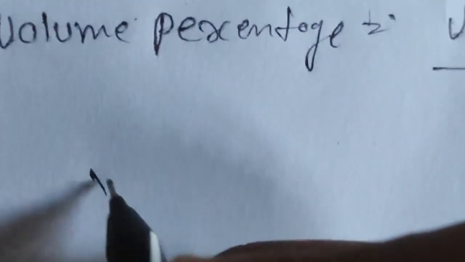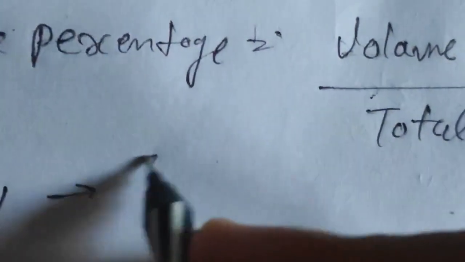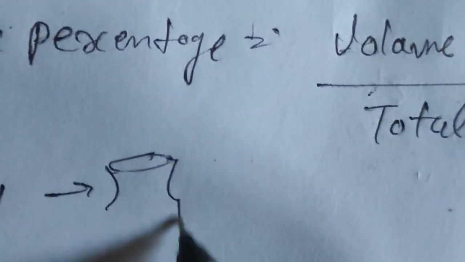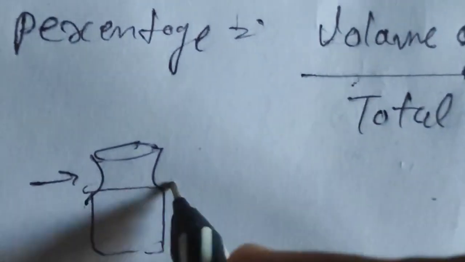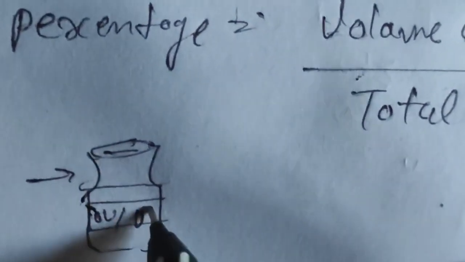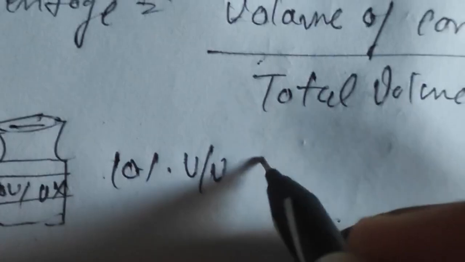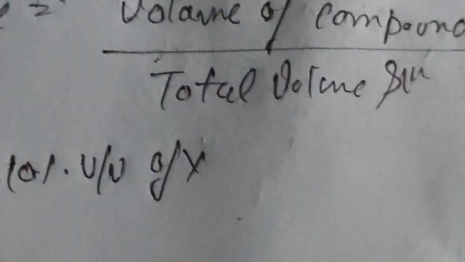For example, say you go to the pharmacist and say you have a cough. The pharmacist gives you a medicine, say the medicine name is XY. You see the label says 10% volume by volume of X compound.